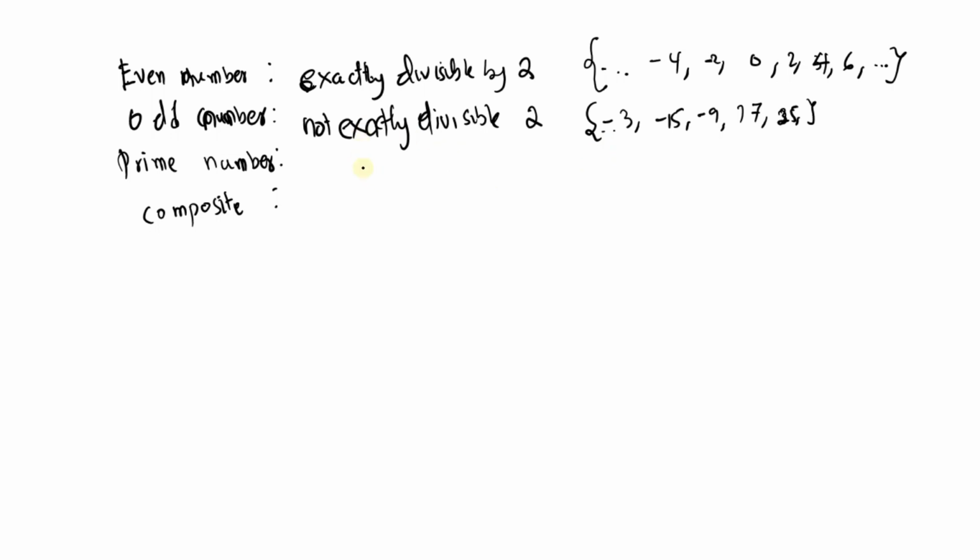Then we have another kind of numbers called prime numbers. Prime numbers are numbers that have exactly 2 factors, and these factors are 1 and the number itself.